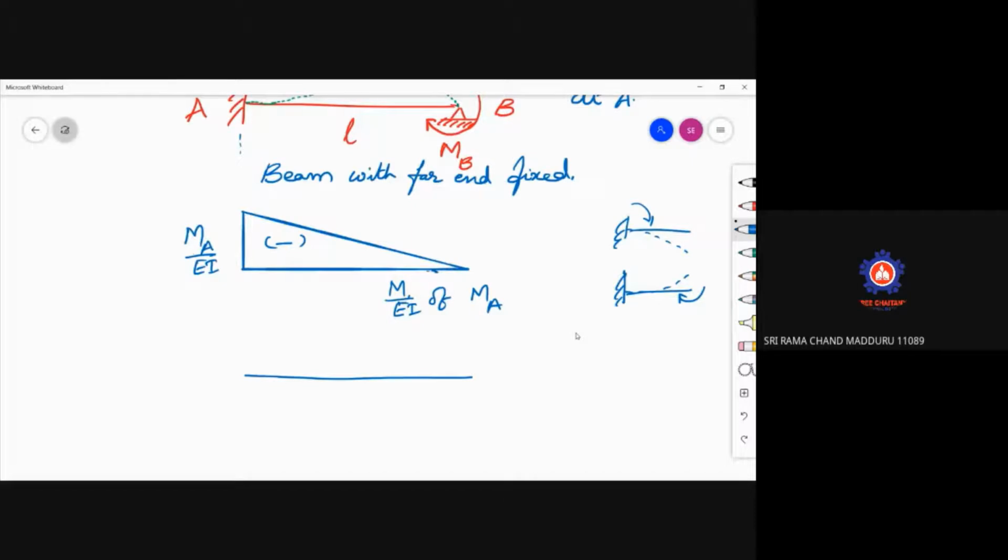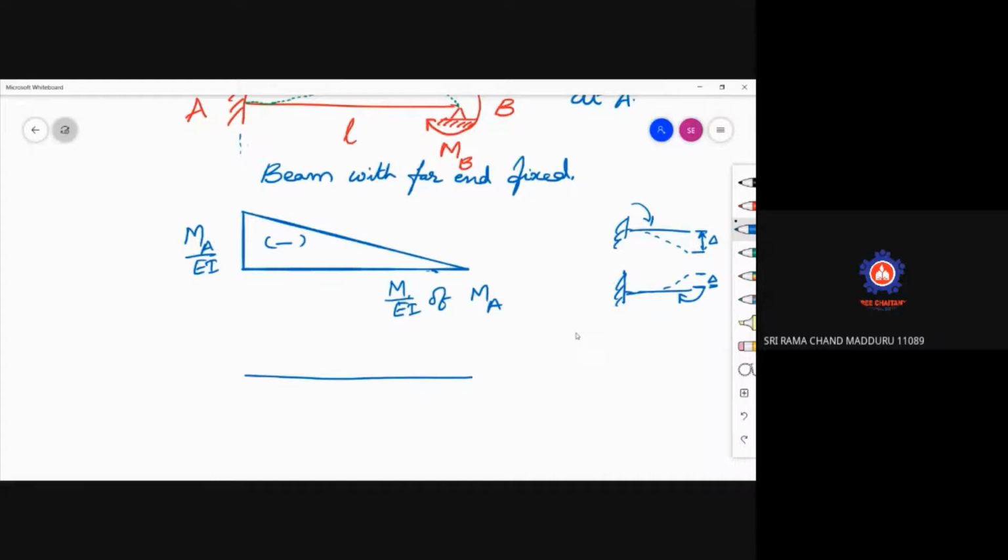Or in the other case, let me come back. We assumed that downward deflection will be considered as positive, and upward deflection will be considered as negative, if you remember. In which method did we use this? This is in the proper cantilevers, method of consistent deformation.